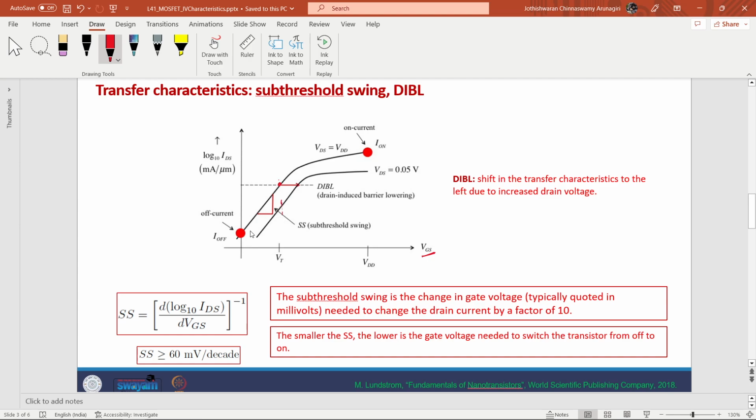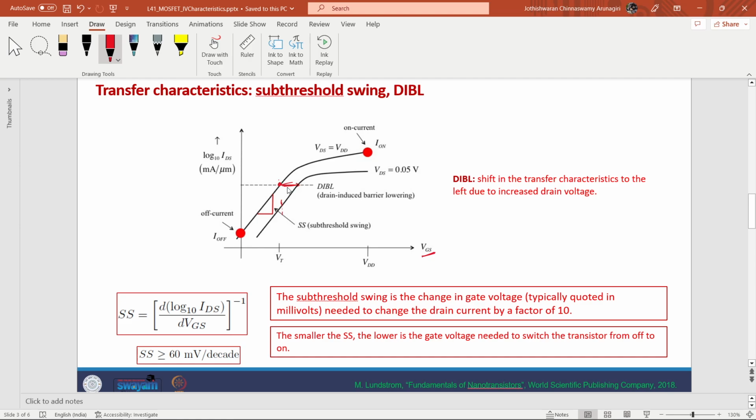In an ideal circumstance, I would have wanted both of these curves to be very close until the threshold voltage and then start diverging. But here you can see that they have diverged significantly already. So this is the notion of DIBL. This essential drift of this curve to the left hand side as the voltage increases is what we call drain induced barrier lowering.